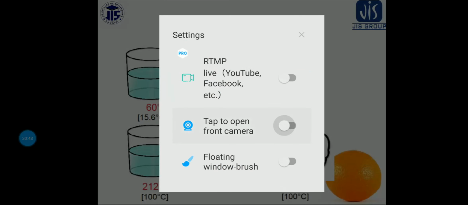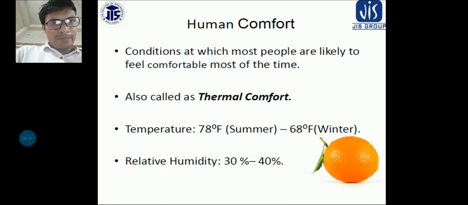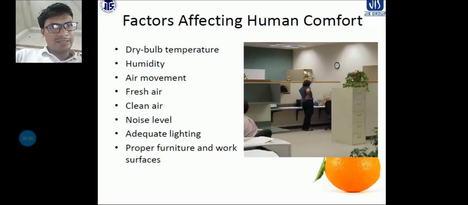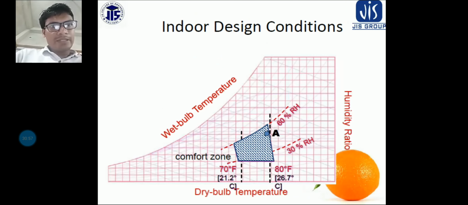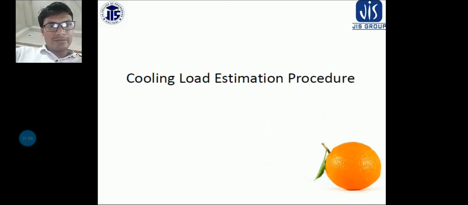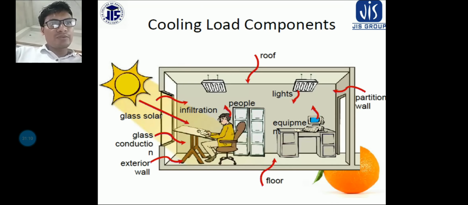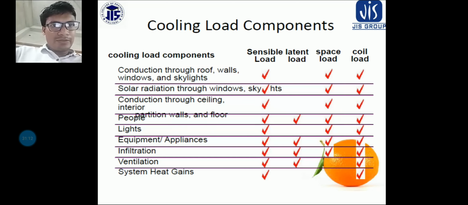These will be discussed in the next class, and after that we will discuss human comfort and thermal comfort, factors affecting human comfort, indoor design condition, and the psychrometric chart. Based on the psychrometric chart, I will discuss the indoor design condition, the cooling load estimation procedure, and cooling load components.